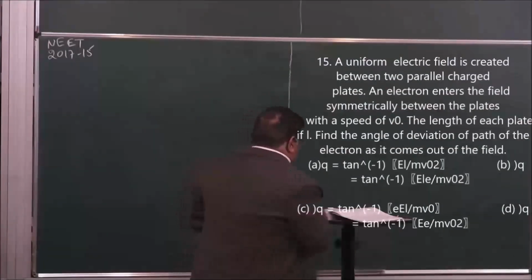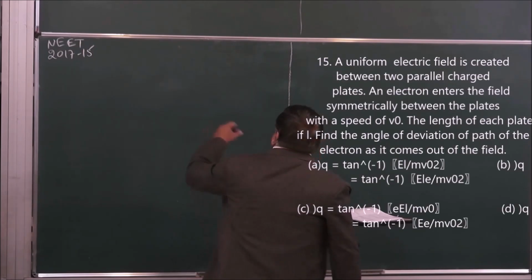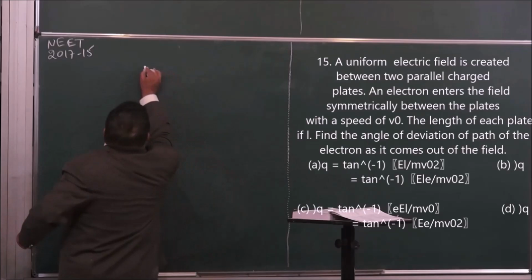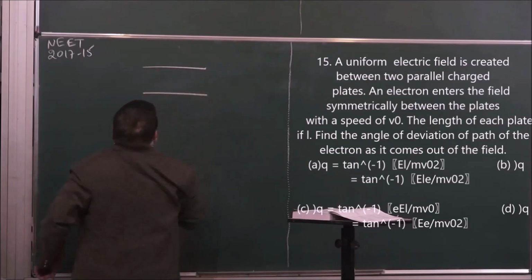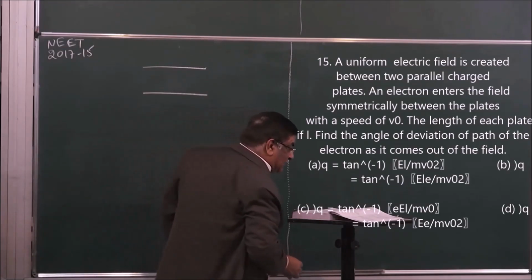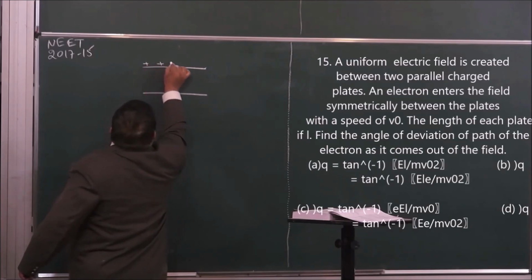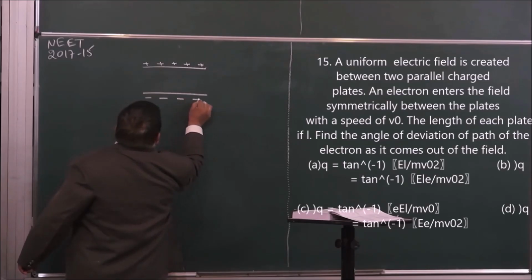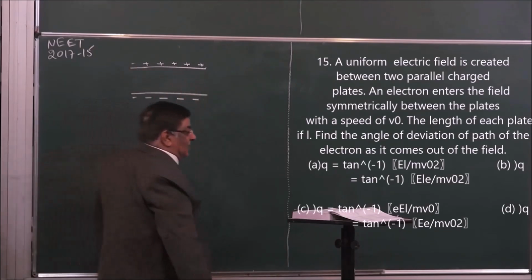This says a uniform electric field is created between two parallel charged plates as shown in the diagram. There is a uniform electric field created between the two charged plates, and these plates are charged, the positive charge here and negative charge here. Okay, these are the two plates. Uniform electric field, everywhere value is same.